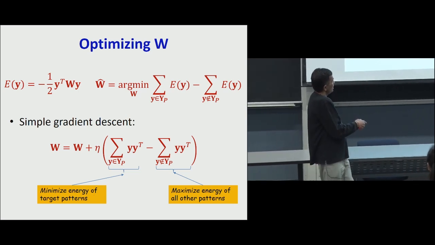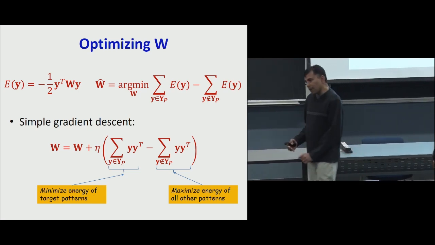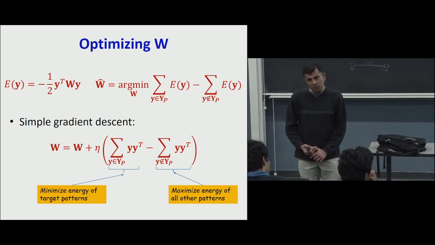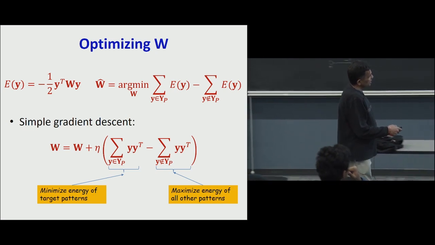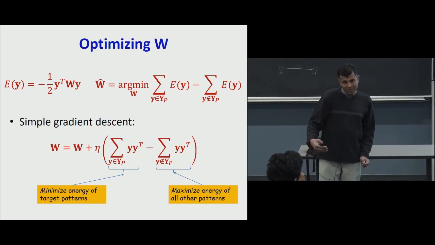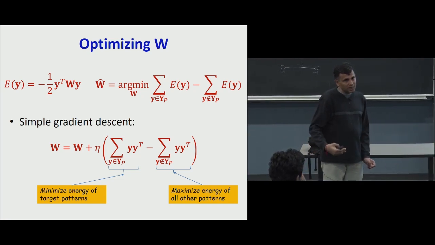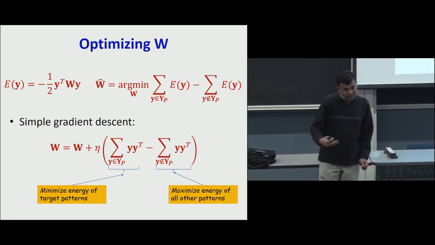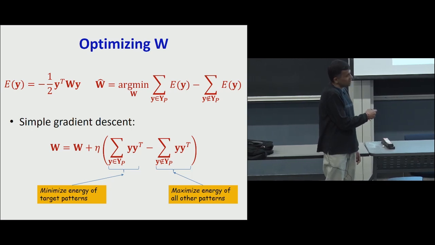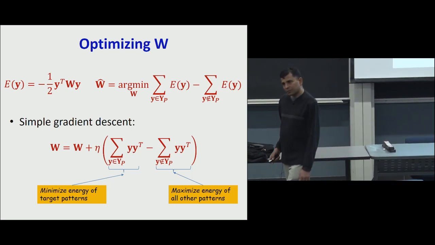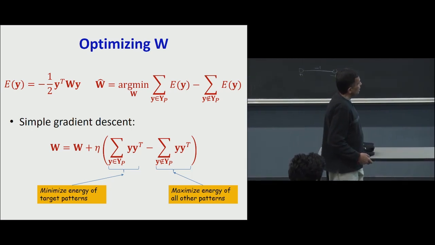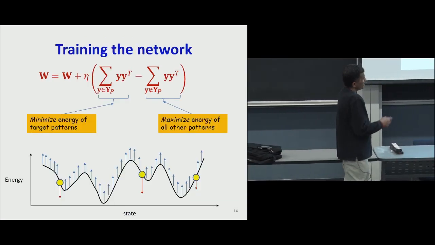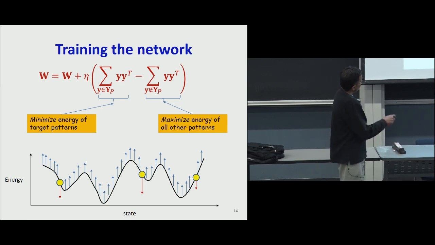And the second is the sum of all the outer products of all of the patterns that you don't want the system to remember. The difference between these two is the gradient, or rather this is the negative of the gradient. So you're going to take a step against the gradient, which actually results in this update rule.